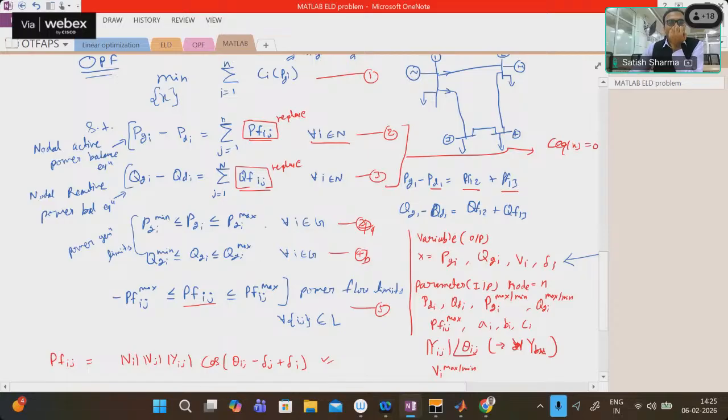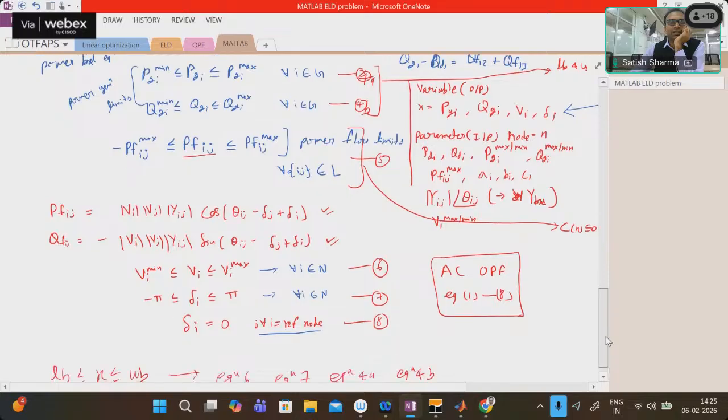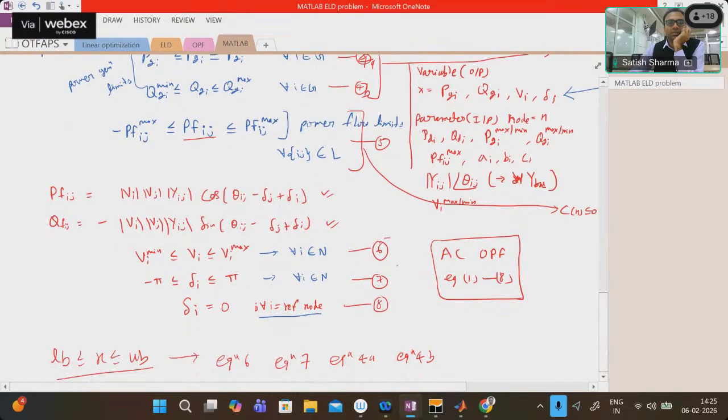Then this has been defined already, and we have discussed that this will be basically lb and ub. Then we define that this equation will be c(x) less than or equal to 0, because these are non-linear and they are inequality constraints. So we will define it like this, and then these two are again lb and ub.